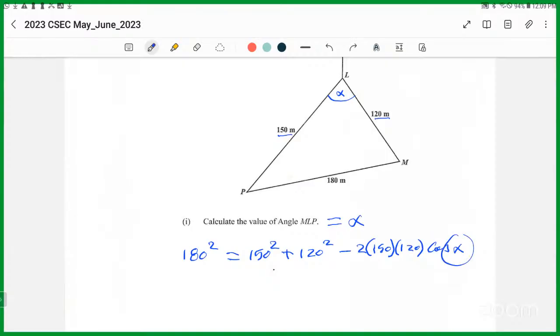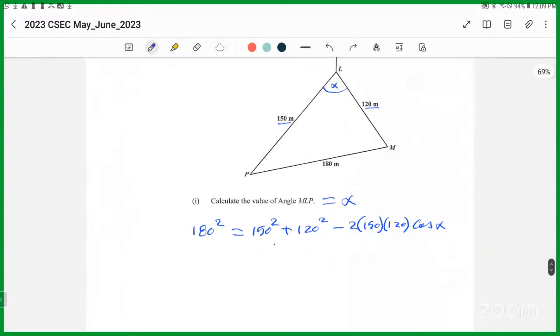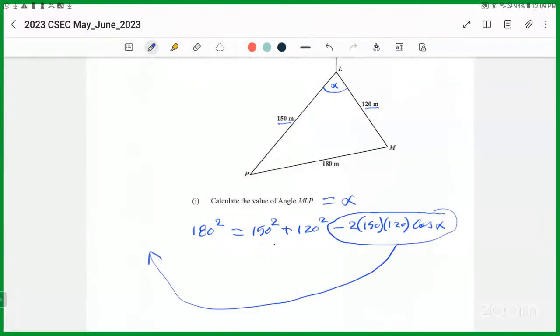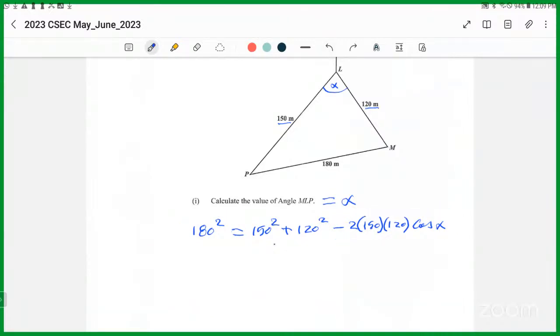So we're going to do some transposition now, alright? So bear with me. We're going to take this negative something and bring it over this side and make it positive. We're going to take this 180 squared and bring it over this side and subtract it. That's what we're going to do. Let's see. So this side, in fact, I can just copy it across to the right side.